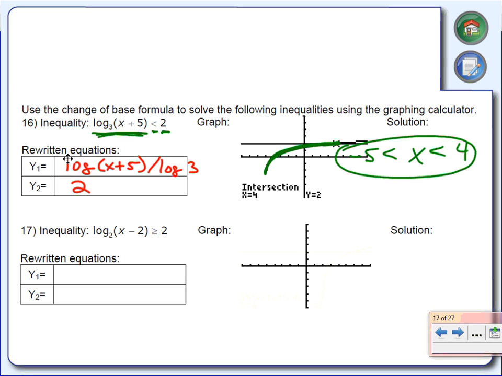Let's go ahead and do the same thing for number 17 here. 17. I want to graph this. Of course, I've got to use my change of base property. So let's see. This is now going to become log x minus 2 divided by log of 2.